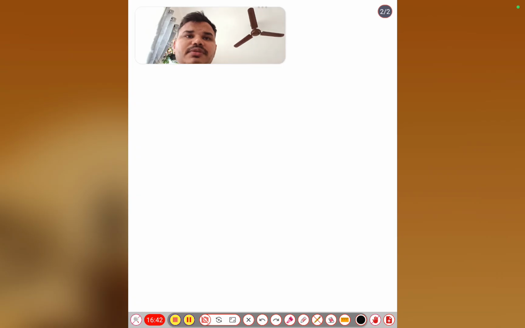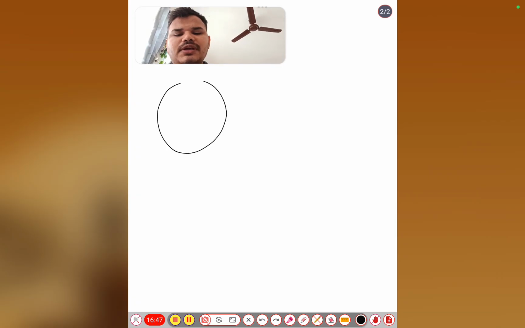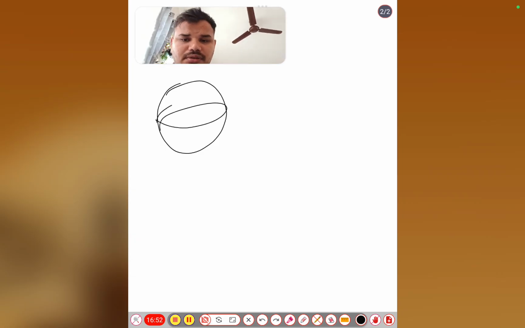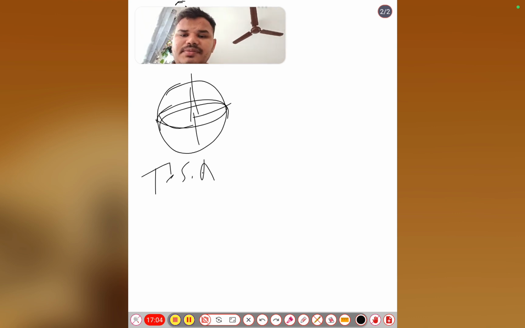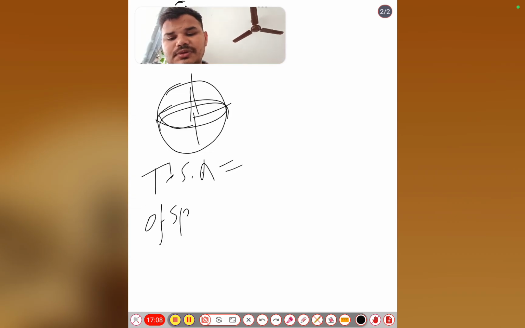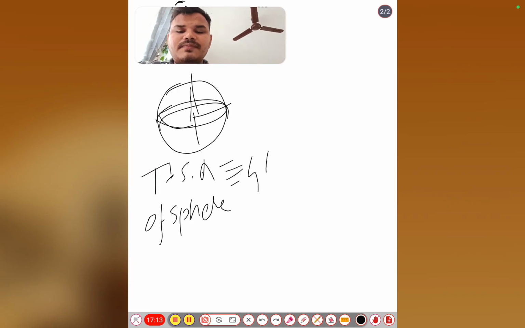Then the next one is the sphere. Whatever circular solid we have, we generally call a sphere. The total surface area of the sphere is 4 times pi r square, that is 4 times the area of the circle.